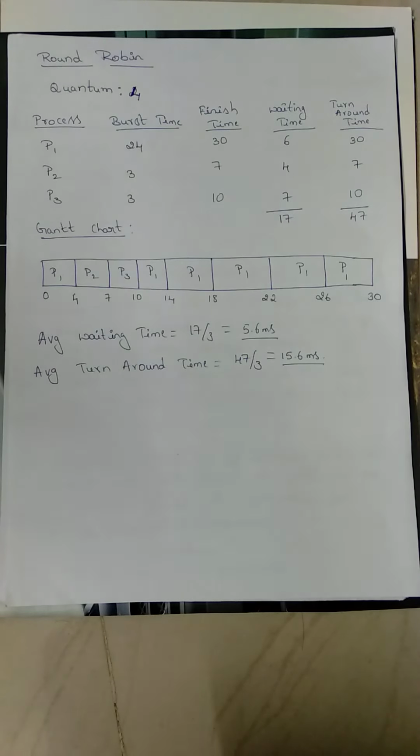For this round robin algorithm, a small unit of time is defined, called the time quantum, or also called the time slice. Next, the ready queue for this algorithm is treated as a circular queue.